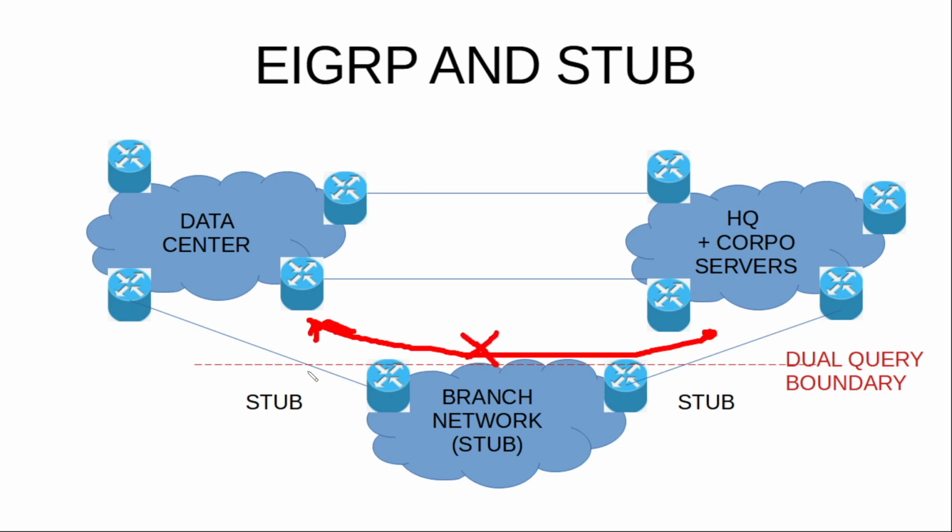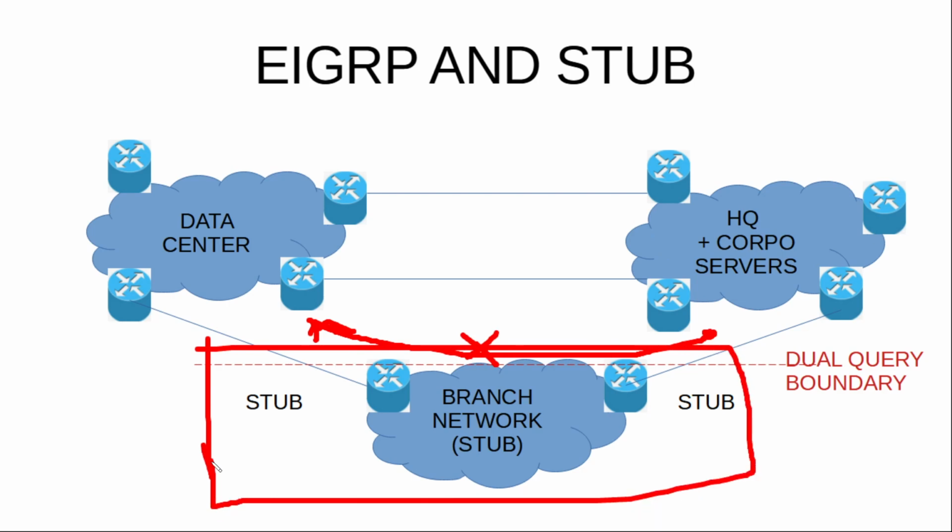In this case, you will define this as an EIGRP stub area. In order to do so, you will configure the stub flag in this router and in this router, and these routers will actually become a DUAL query boundary. So if some router here starts to send queries, the queries will stop here.